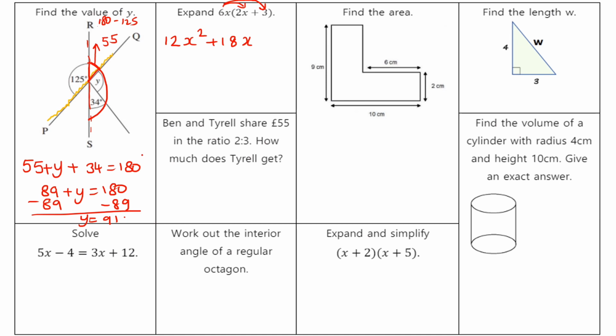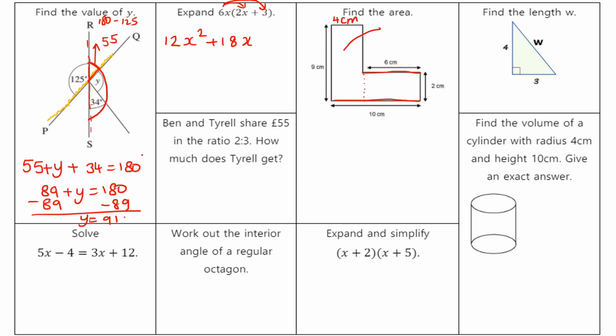Find the area. So I'm going to need to separate this shape into 2 sections. So I'm going to separate it from here. So I know from here to here is 6, and this is 10. 10 take away 6 is going to be 4.